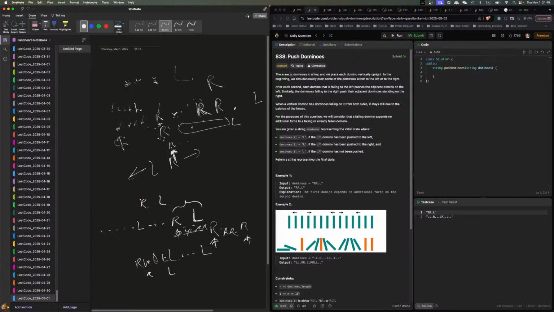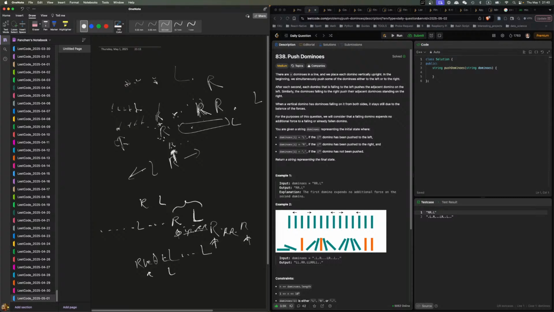So if I point to a dot, I go. I hit a left, then I'll move this one forward and turn everybody into L, right? And then I will move forward, and then this one will keep going.